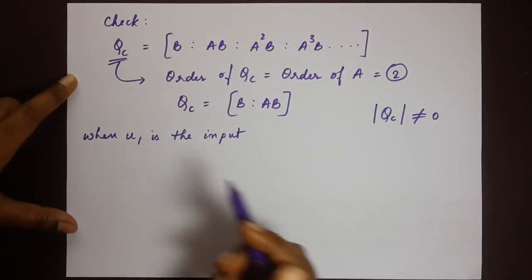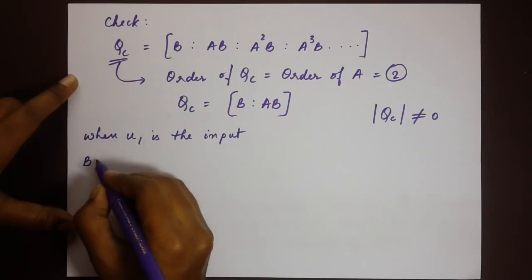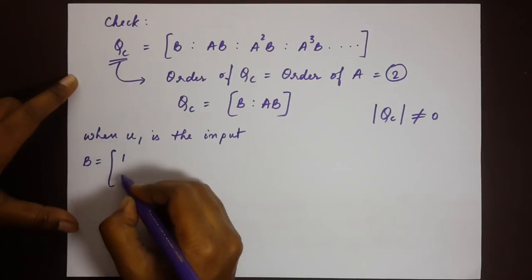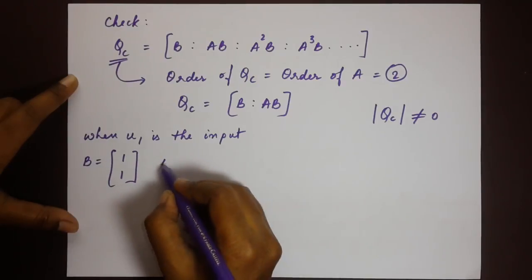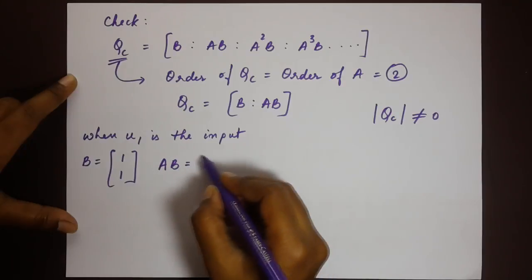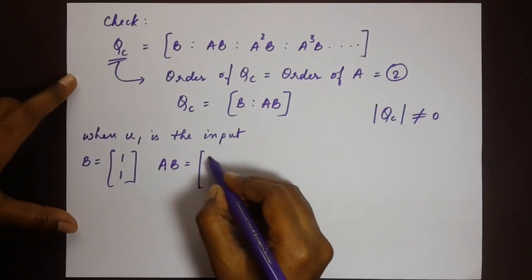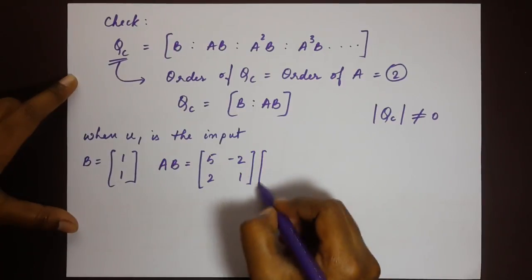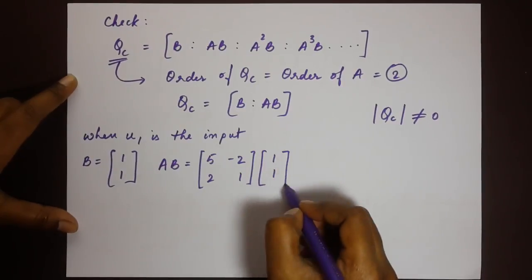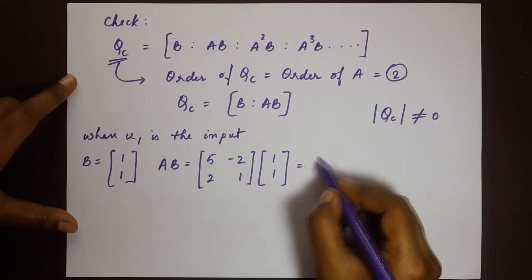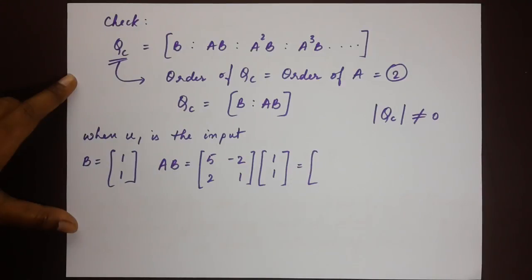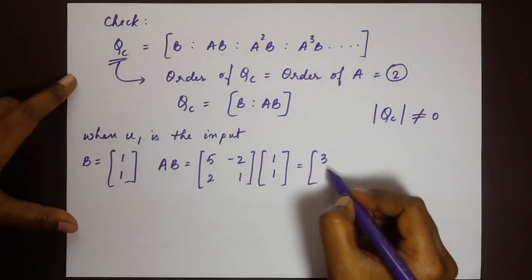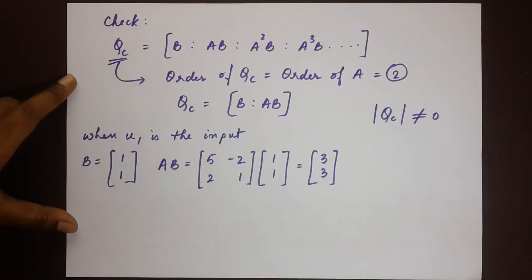So here we have B equal to 1, 1. Now we have to figure out what AB is. That's the multiplication of A, which is 5, minus 2, 2, 1, and then B, 1, 1. Now we multiply and we get the matrix 3, 3.